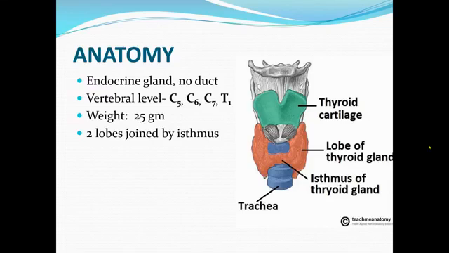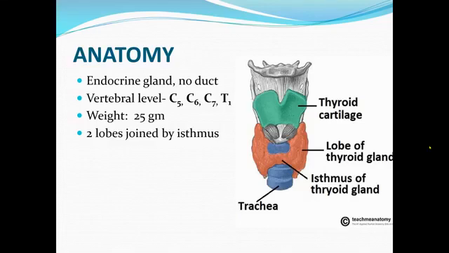Here we should know about the attachment of the gland with the thyroid and laryngeal cartilage and hyoid bone. The thyroid gland is connected to the laryngeal cartilage and hyoid bone with the capsule.